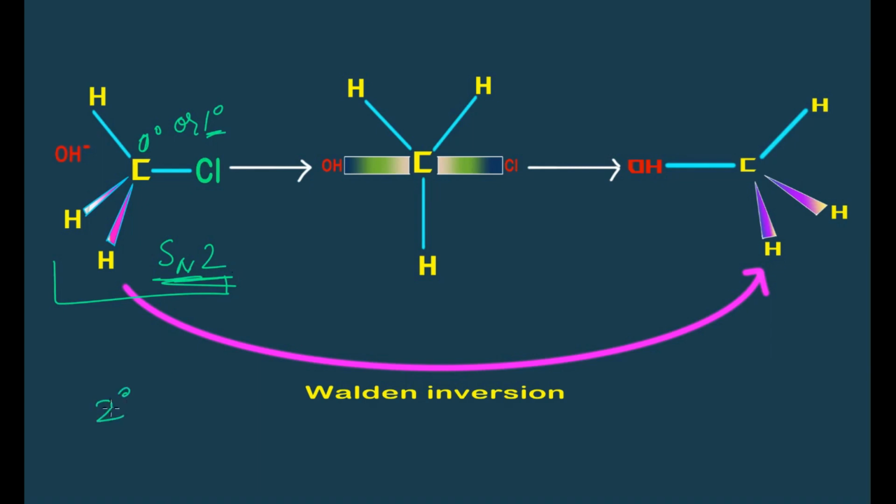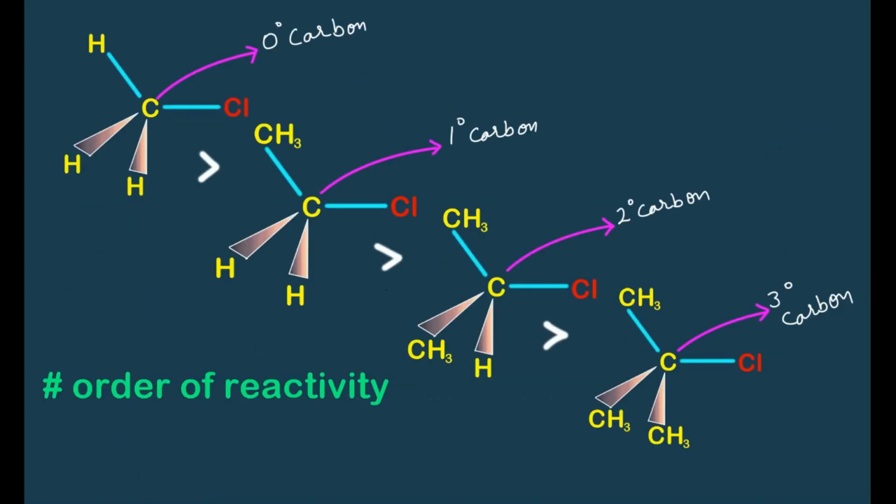2 degree or secondary carbon can give or cannot give an Sn2 reaction. It depends on various conditions. We will discuss that in a separate video. 3 degree or tertiary carbon will not give an Sn2 reaction, right? So remember, only 0 degree or 1 degree carbon will give Sn2 substitution reaction. Now let's discuss the order.